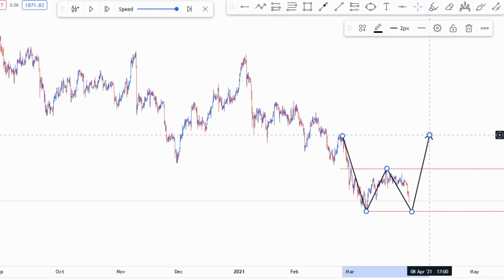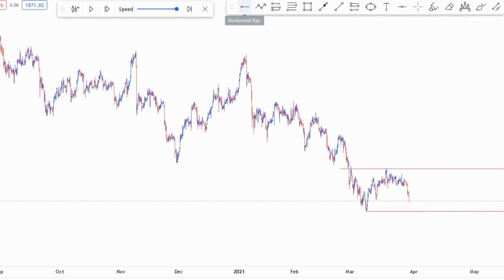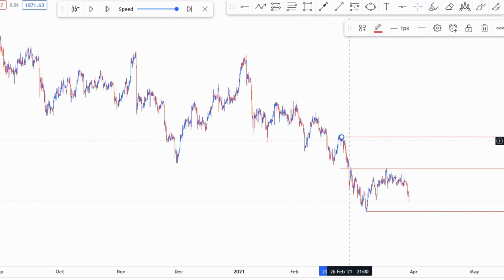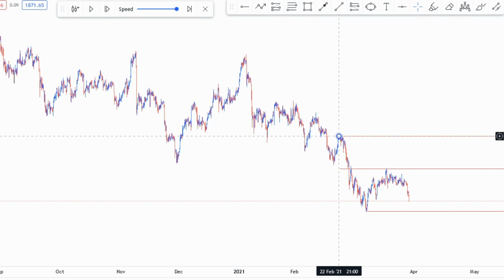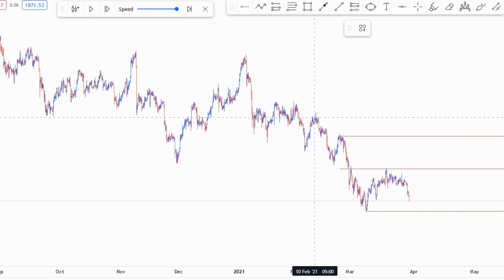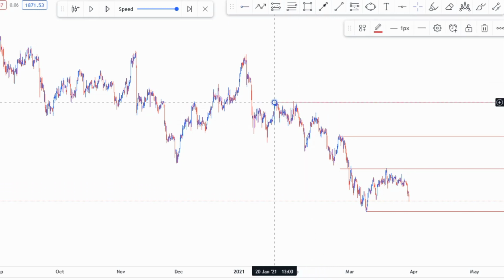So the next thing I'll do now is to just identify most of the areas before we go into taking our trading opportunities. So this is another area here as well. And then we can see a smaller area here, but that's too small to react. And this is another major area here that's reacted 1-2 times as well.